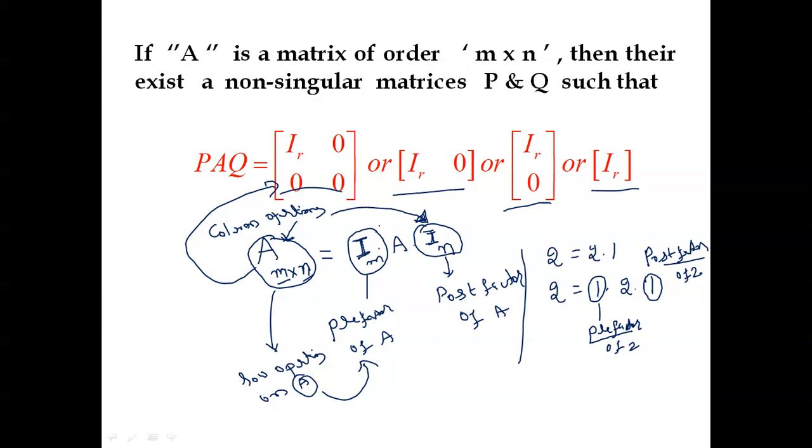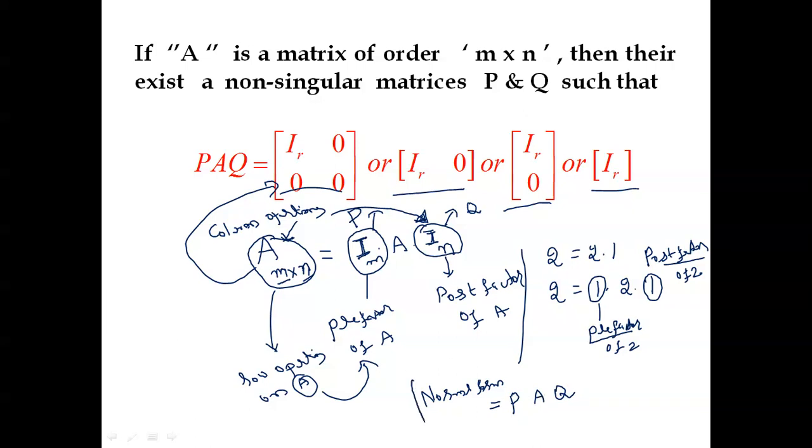In the process, Im is converted into P and In is converted into Q. So finally we get the normal form equal to PAQ.